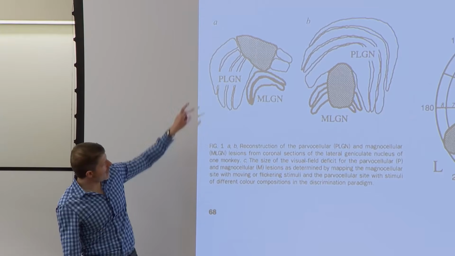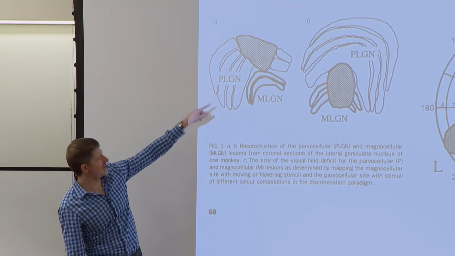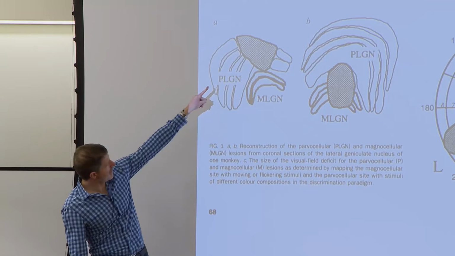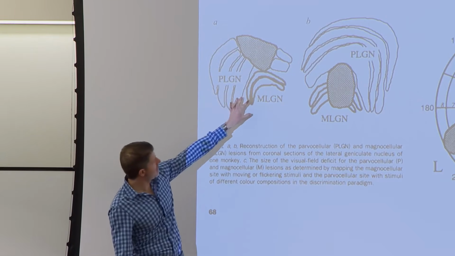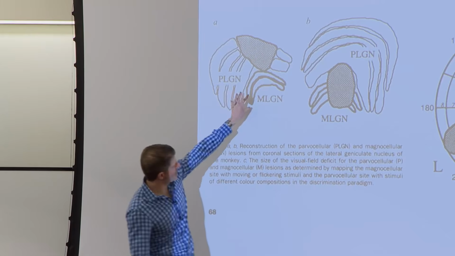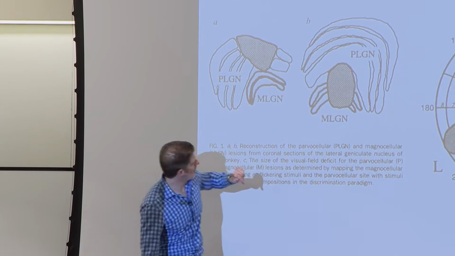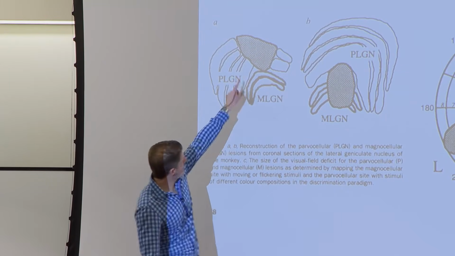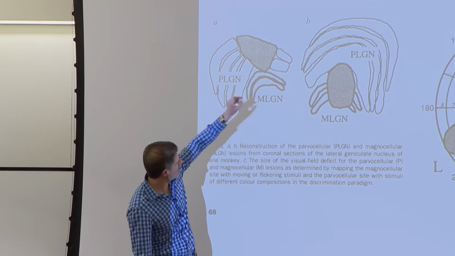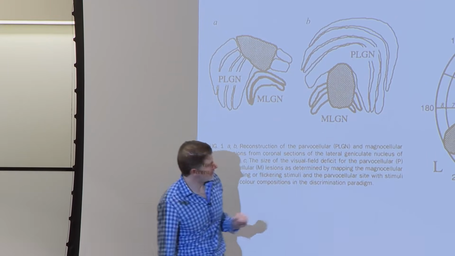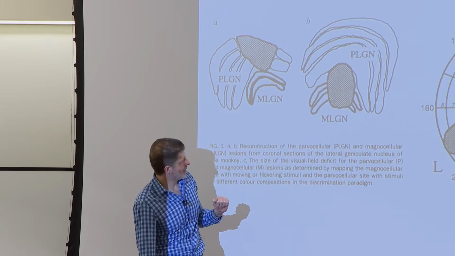They went in and injected, I think this was ibotenic acid, into particular regions. This is one of the LGNs in one hemisphere, and this is the other. They injected ibotenic acid into a particular part of the parvocellular layers in one hemisphere and a particular part of the magnocellular layers in the other hemisphere.